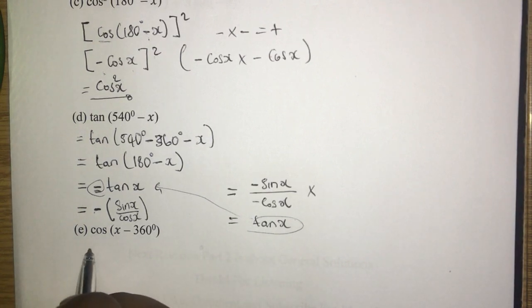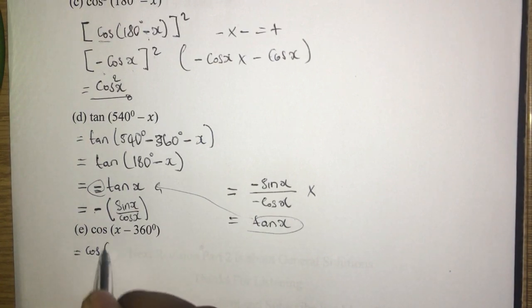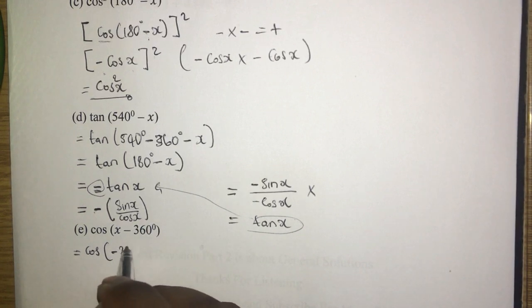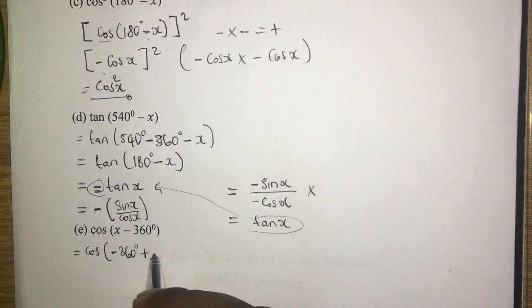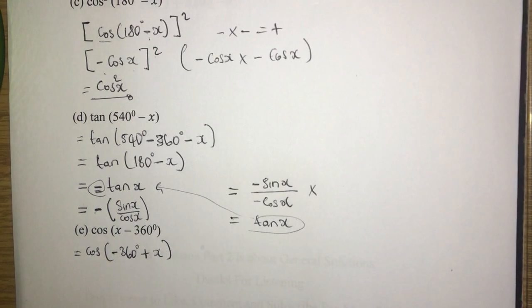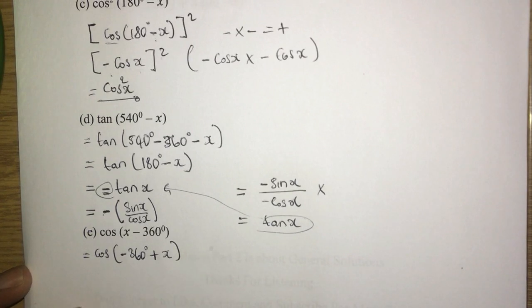So what can I do here? I can say cos of minus 360, because 360 is negative, plus x. Then I have a negative angle.